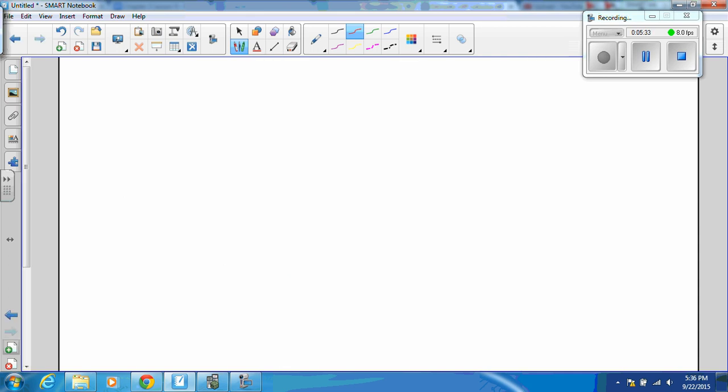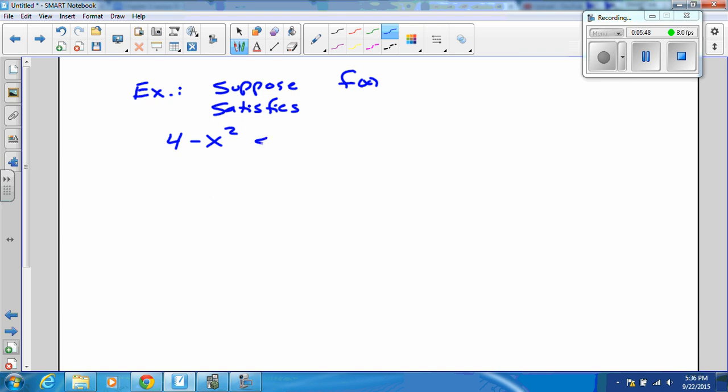Let me do one more example that's more abstract. Suppose I have a function, and I don't know anything about it except that it satisfies the inequality f of x is trapped between 4 minus x squared and 4 plus x squared for all x. And then I have a question.